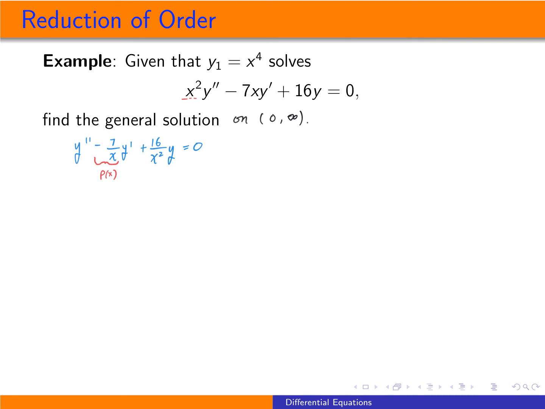And with that in mind, our second linearly independent solution is going to be y1 multiplied by the integral of e to the minus integral of p of x, all divided by y1 squared. So that would be x to the 8th. And almost immediately, I'll just go ahead and evaluate this integral that plays the role of our numerator to the side.